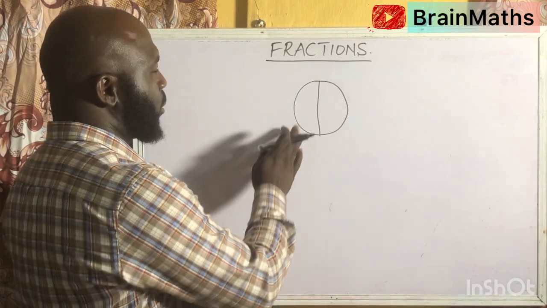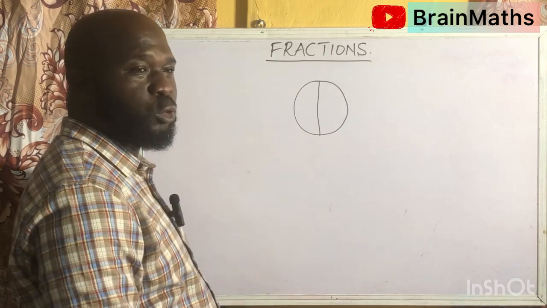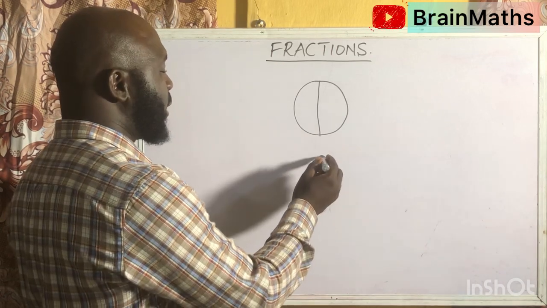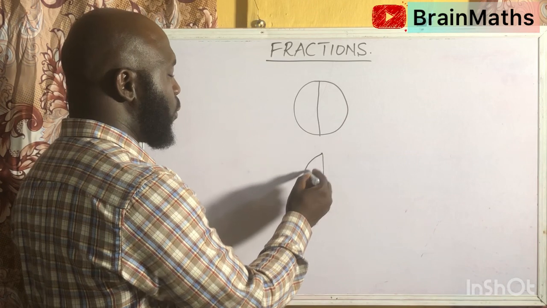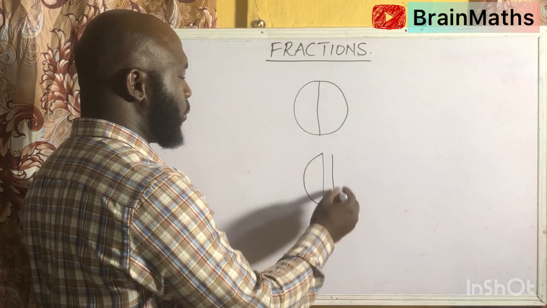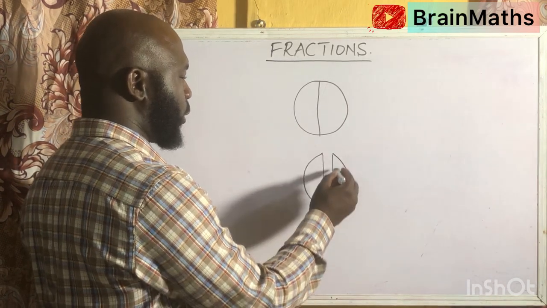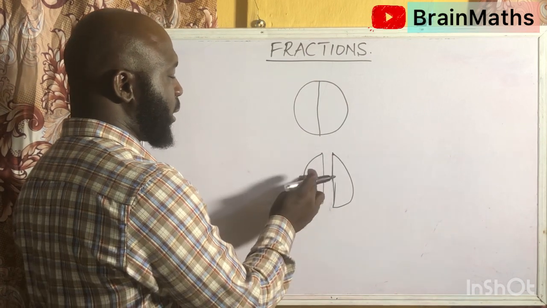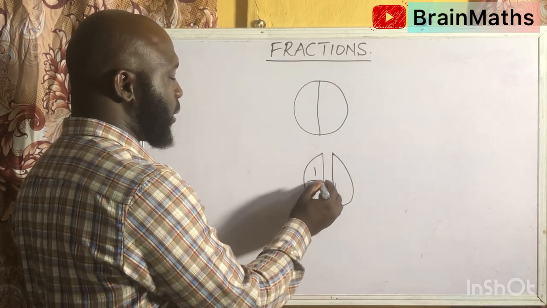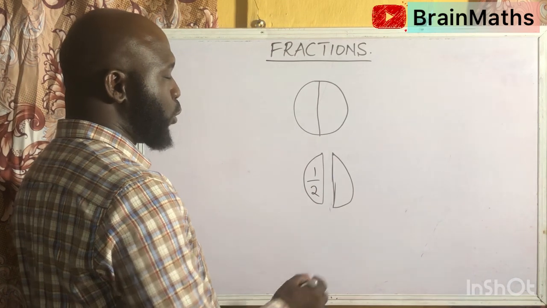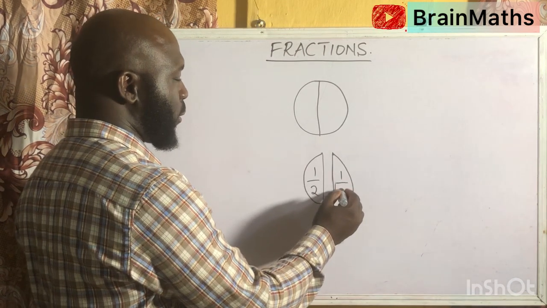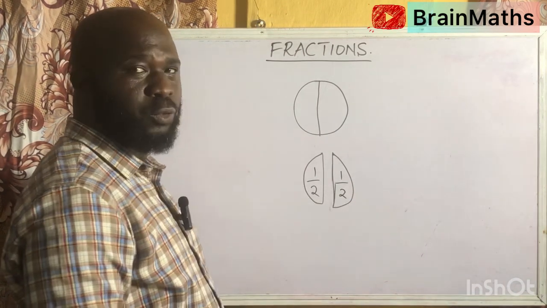Since the orange is divided into two, one person is going to take one part of the two divisions. So this person is taking one out of two, and the other person is also taking one out of two.